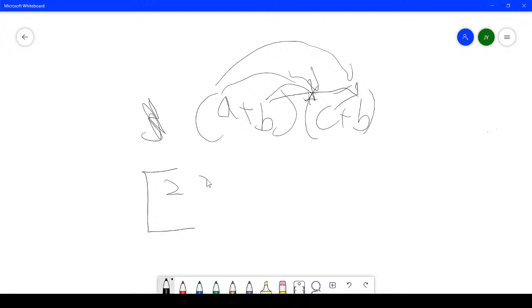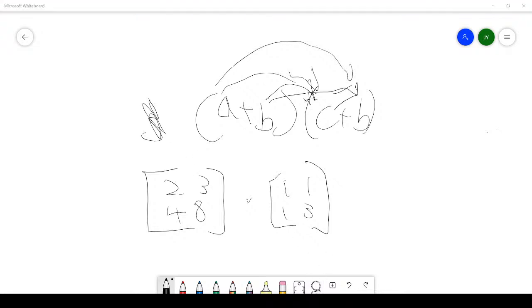Let's say you have 2, 3, 4, 8 times 1, 1, 1, 3. Essentially, what you do here is you take one row.